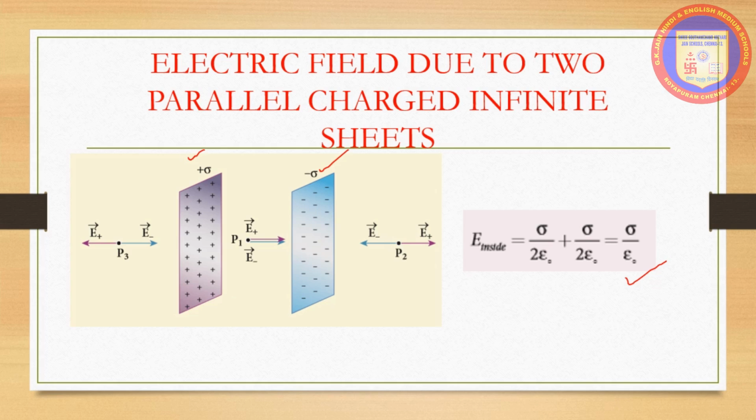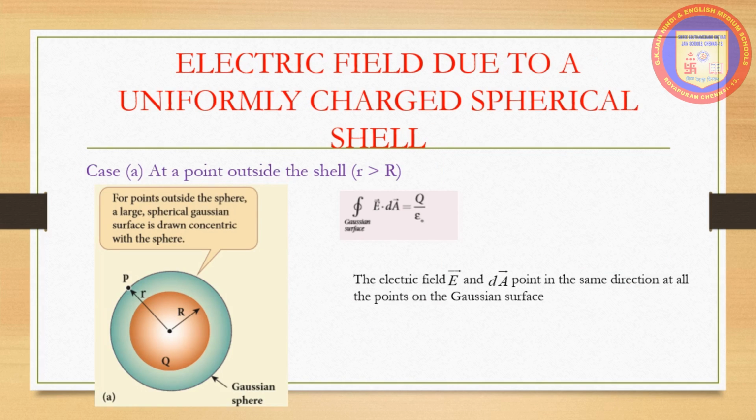The other application is the electric field due to a uniformly charged spherical shell. When we go for the spherical shell, we have three parts: case A at a point outside the shell, case B at a point on the shell, and case C at a point inside the shell. Now we are going to see case A, at a point outside the shell.